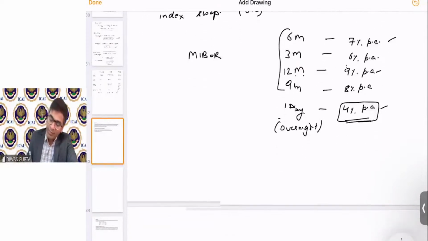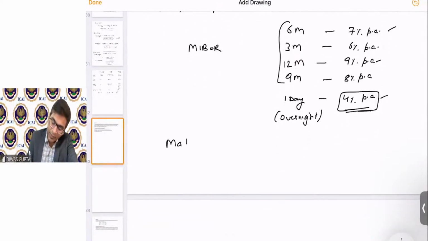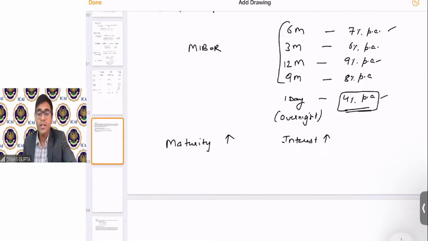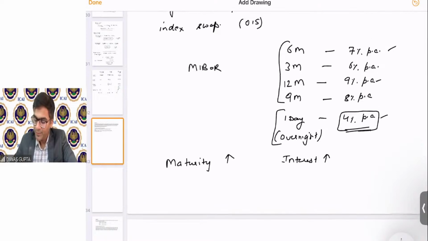The point I'm trying to say is that when maturity is higher, interest will also be higher. What is the fundamental reason for this? Why is the 1 day rate always the lowest, students?